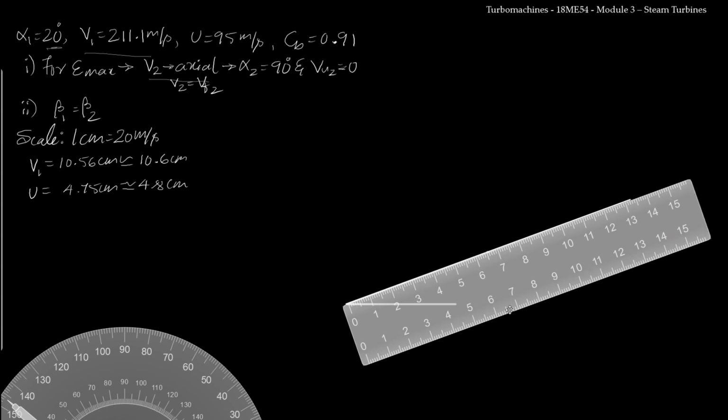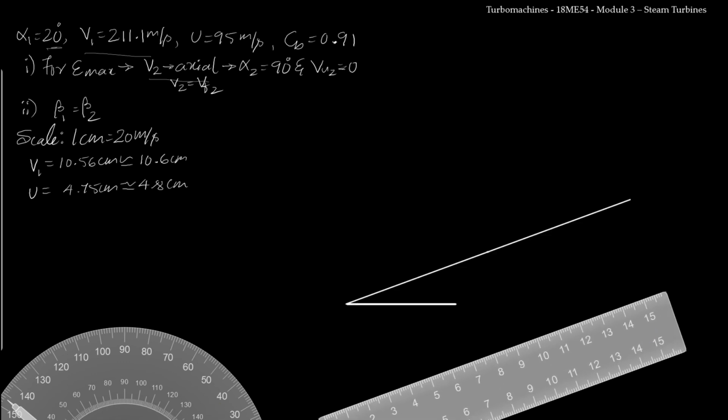So once I have drawn the line here, then I will take the compass. I will fix the end of the compass here. Now I know that V1 is 10.6 centimeter. So I will increase this length to 10.6 and then I will draw an arc.